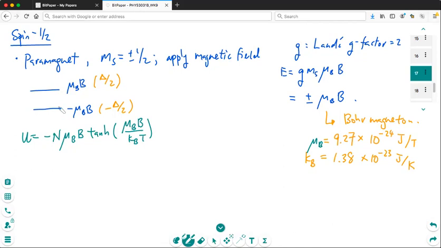And we always like to discuss the limiting case like this. Limiting case means we're comparing these two energy scales. So at the low temperature limit, what do we have? Low T limit means my k_B T is much, much smaller than mu_B B. For this part of the course, I would like you to imagine this to be the separation between the two levels, proportional to this up to a factor of 2.